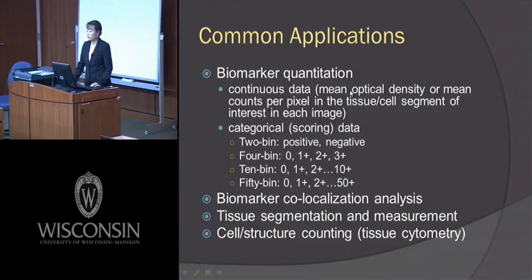If it's bright field, it's optical density. If you are using a fluorescent assay, it's the mean counts per pixel area in the tissue or cell segment of interest. Also, you can do categorical data: 2-bin, 4-bin, 10-bin, or even 50-bin data analysis.